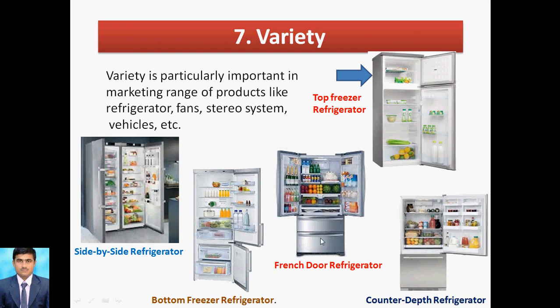Then the French door refrigerator, where two opening doors are there, and the freezer is available on that side. The next is the counter depth refrigerator, where the bottom portion is not used, and only the freezer and other compartments are present at the top. So this indicates variety. This is a pleasing appearance, and the product is customer made.